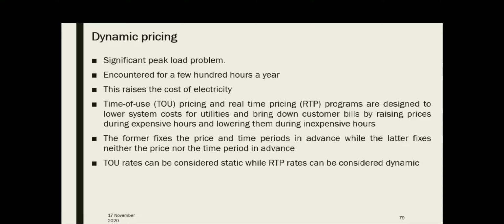In real-time pricing, there will not be any prior information regarding the price and time, but in time of use pricing, they will definitely inform that for this particular period this will be the price of the energy. So a customer can manage their energy usage by shifting from the high price period to the low price period.